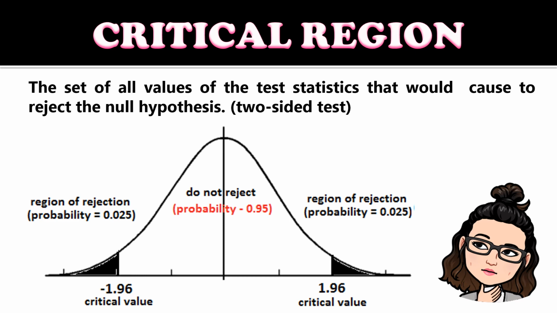So anything to the right of 1.96 and anything to the left of negative 1.96 is the rejection region. Any value there would be rejected. And the do not reject region is in the middle. So anything between positive and negative 1.96 would be accepted.